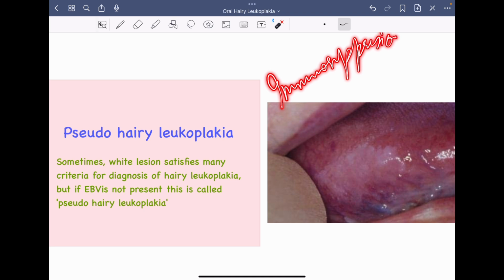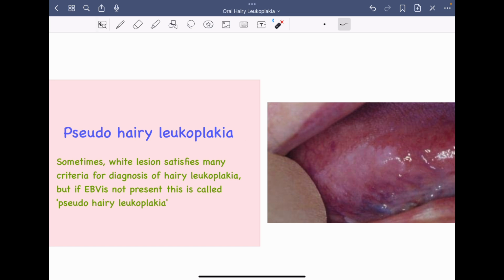So as we have seen, in the majority of the cases the EBV is harbored along the lateral margins of the tongue, and whenever the immunity of the individual goes down, right, this type of lesion might occur spontaneously, right? So marked immunosuppression causes OHL in few cases, right, and this type of lesion is not associated with HIV, right, and EBV is not present either in such cases.